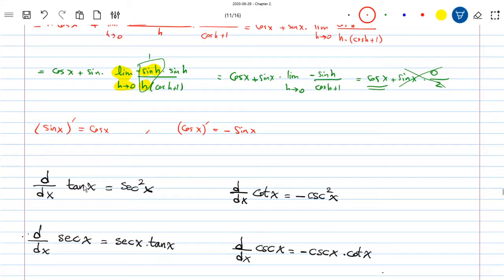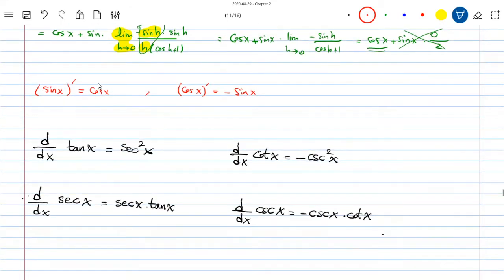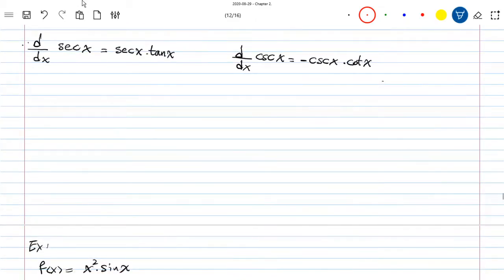How about the derivative of tangent? Derivative of cotangent, derivative of secant and cosecant. These are consequences of sine and cosine because tangent is simply sine x over cosine x. So you can use the quotient rule. Let's find the derivative of tangent x, where tangent is sine x divided by cosine x.